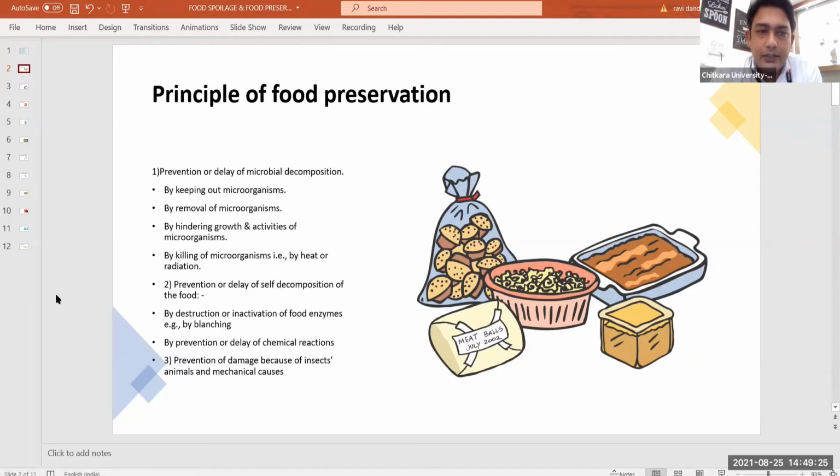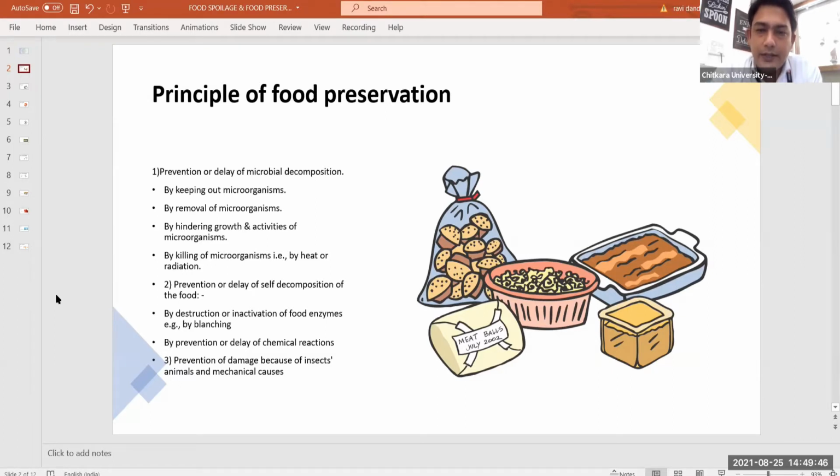The second objective is prevention or delay of self-decomposition of the food. In the first principle, we talked about prevention or delay of microbial decomposition. In the second, we are talking about keeping the food product itself safe.